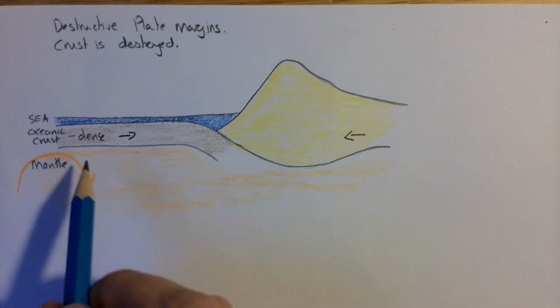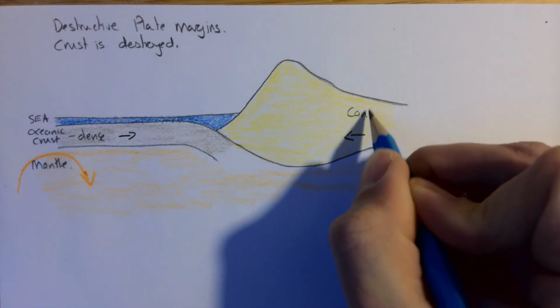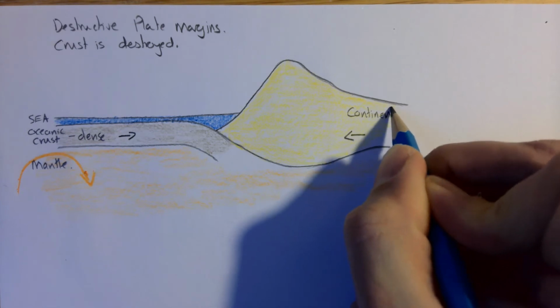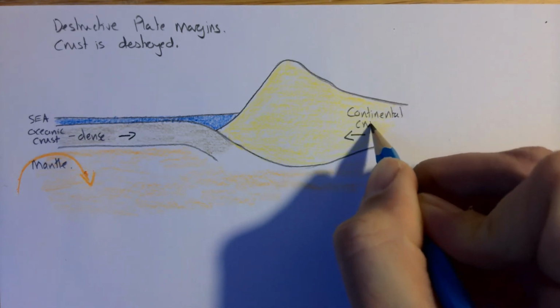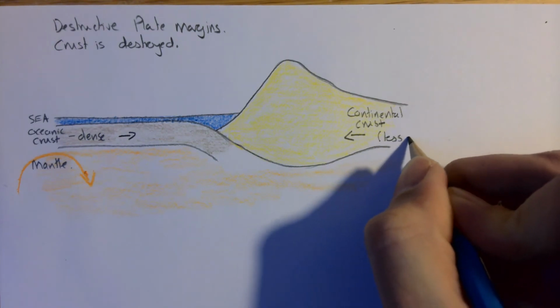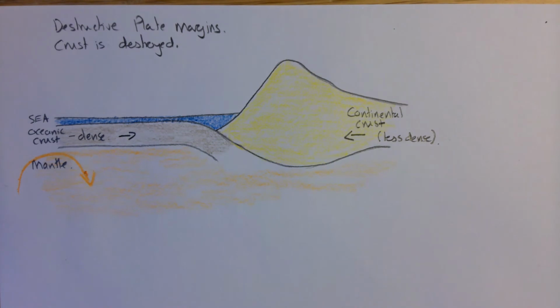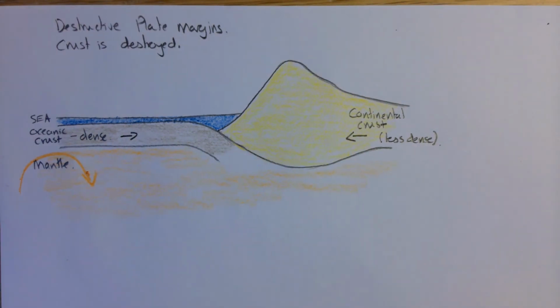And meeting our oceanic crust, we have a continental crust, which is less dense, so less heavy, and they are moving towards each other, converging.